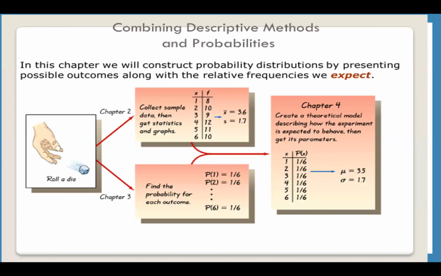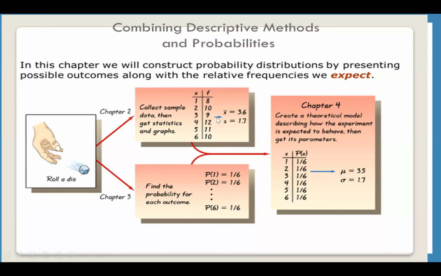So here's kind of an example of how the two pieces fit together. If our event or our experiment is that we're going to roll a die, a six-sided cube, a frequency distribution would show us exactly how many times we rolled a 1, how many times we rolled a 2, a 3, a 4, a 5, or a 6.